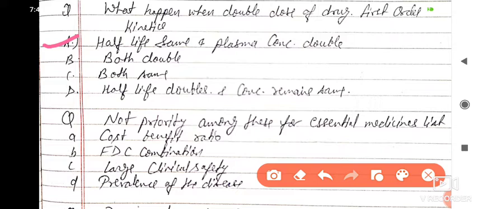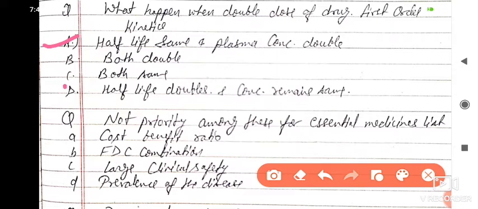Not a priority among these for the essential medicine list. For the essential medicine list, we have to give priority to cost benefit ratio, and large clinical safety is required. Prevalence of the disease is required. For example, some diseases, we can say snake bite or scorpion bite, are more common in India. So they are going to make antidotes for that in India.